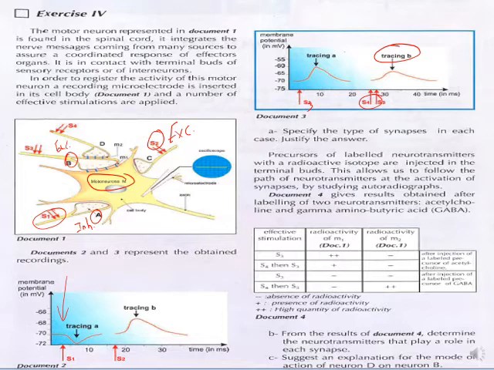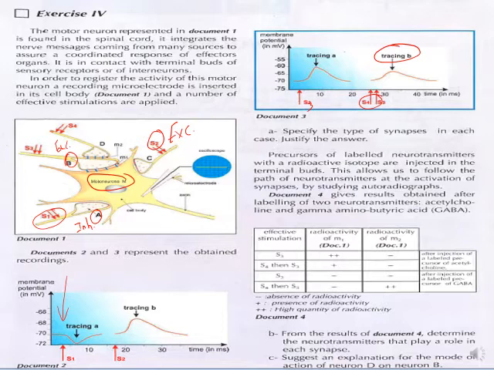In effective stimulation S3, radioactivity of M1 shows high quantity of radioactivity, while radioactivity of M2 shows null, absence of radioactivity. S4, then S3, we have small presence of radioactivity in M1, while the absence in M2.